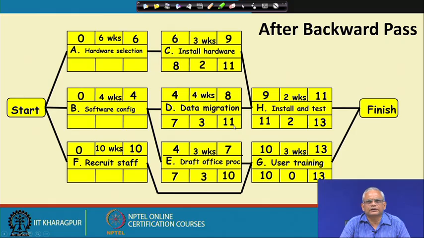So, 11, 11 and 10 we have written here, and then we subtracted 3 from here and got 7, and 10 minus 7 is 3, and similarly here 11 minus 4 is 7 here, and here 11 minus 3 is 8, and 8 minus 6 is 2.